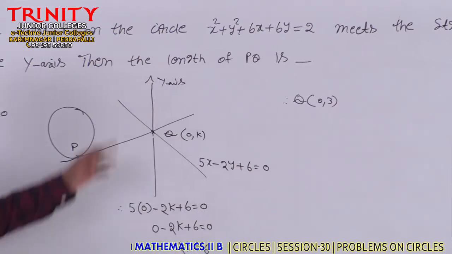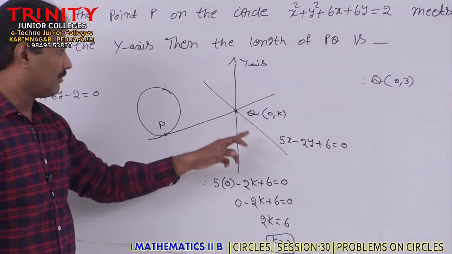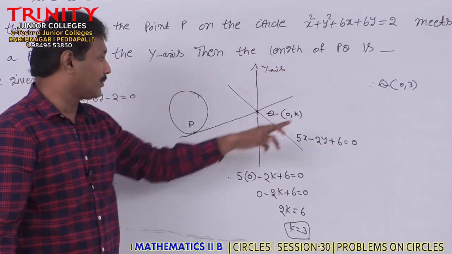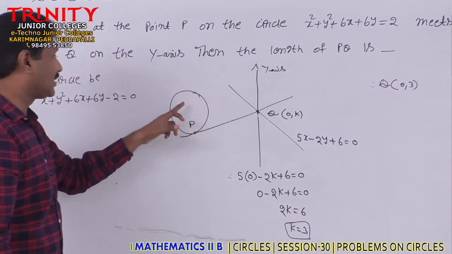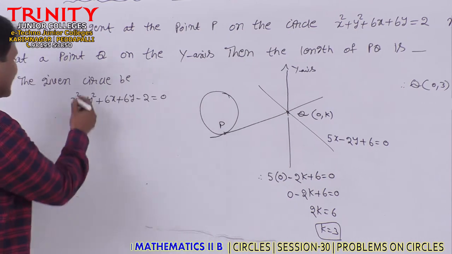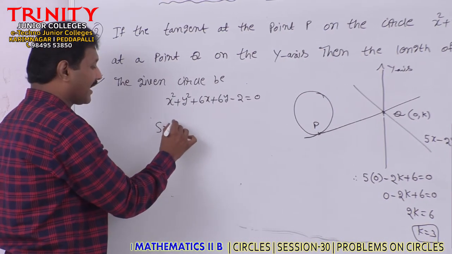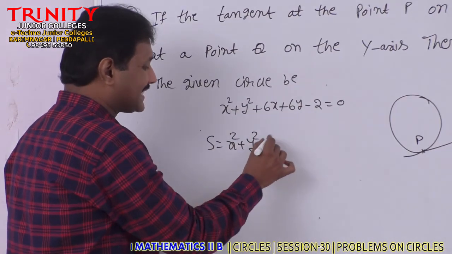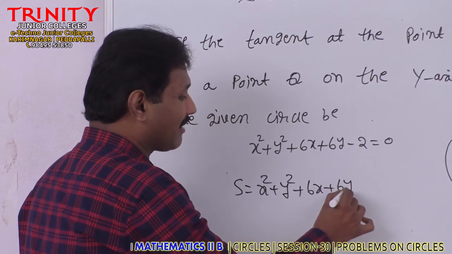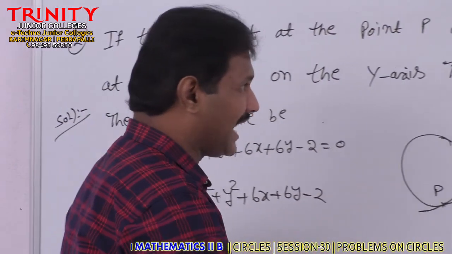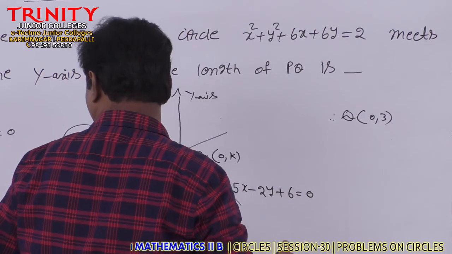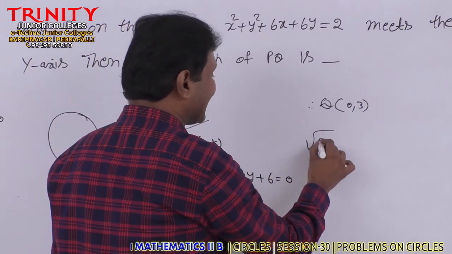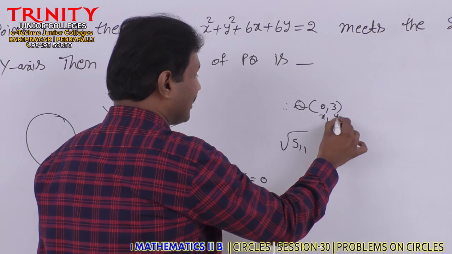In this case, the length of PQ is nothing but the length of the tangent from Q to the given circle. Here the given circle S is x square plus y square plus 6x plus 6y minus 2. Therefore the length of the tangent from Q to the circle S is root S11, where the point is (x1, y1).